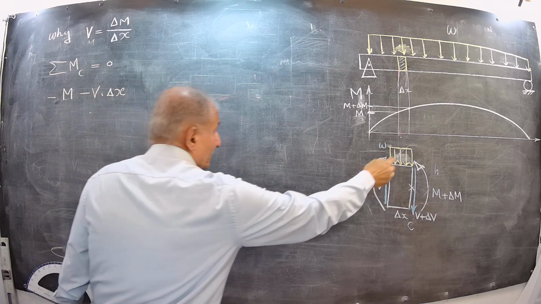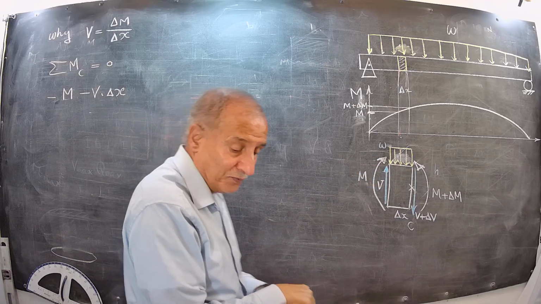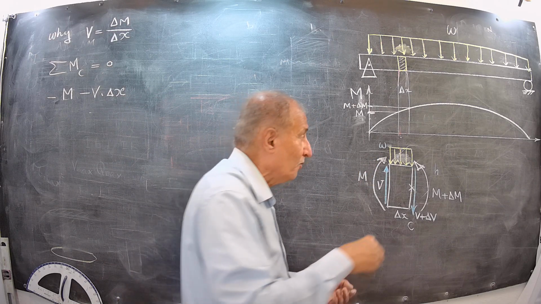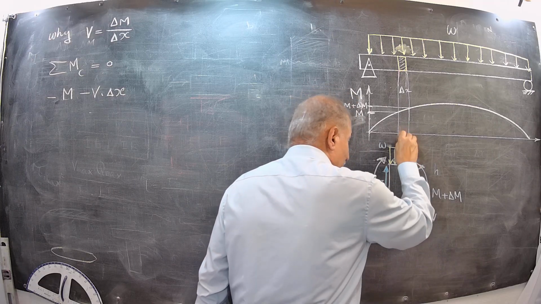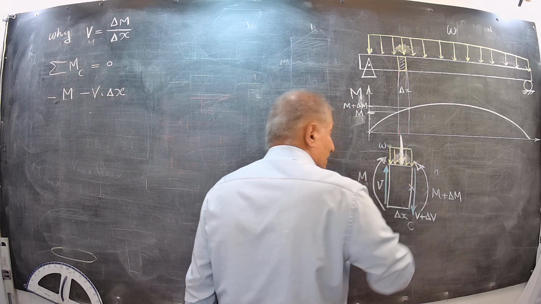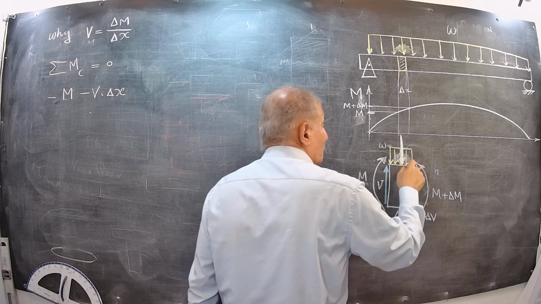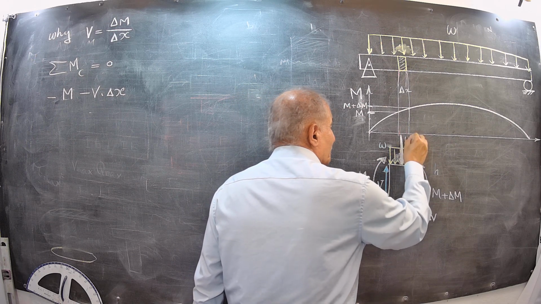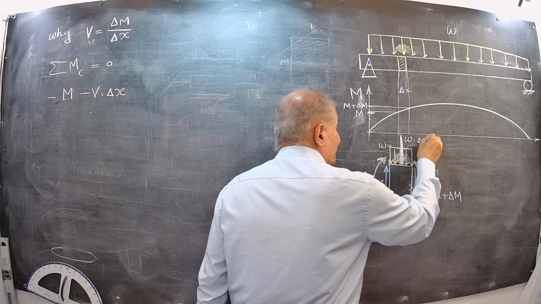And here, we have a uniform distributed force in equilibrium. We must convert it to a point load. The equivalent of this is a point load, acting in the middle of the rectangular form of the uniform distributed load, and its value is omega times delta x.